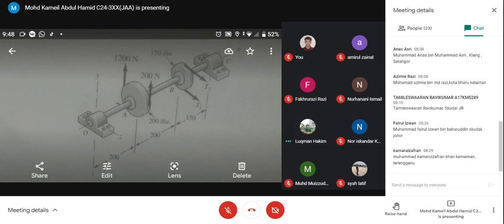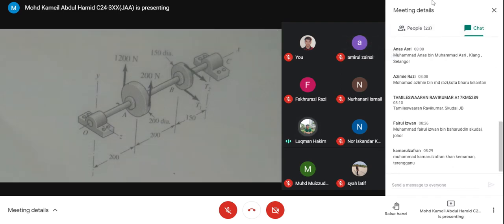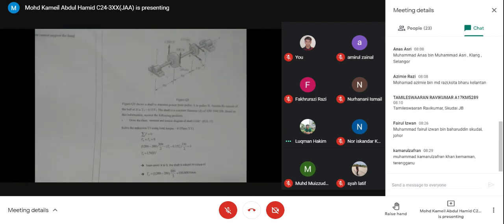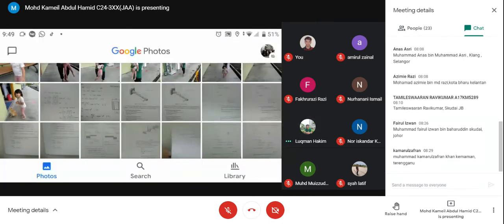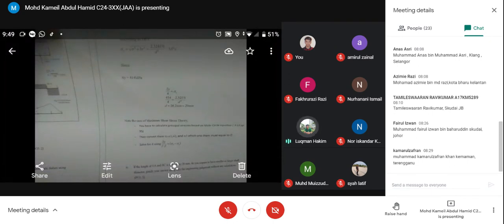If the length is reduced, do you require a smaller or larger shaft? If the thing is shorter, do you need it bigger? A student answers: larger, because the diameter will be bigger.